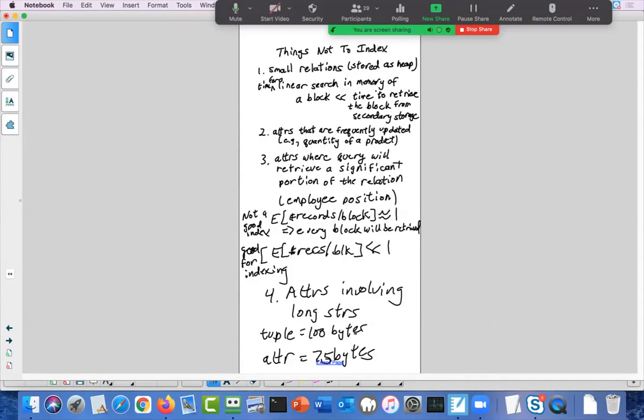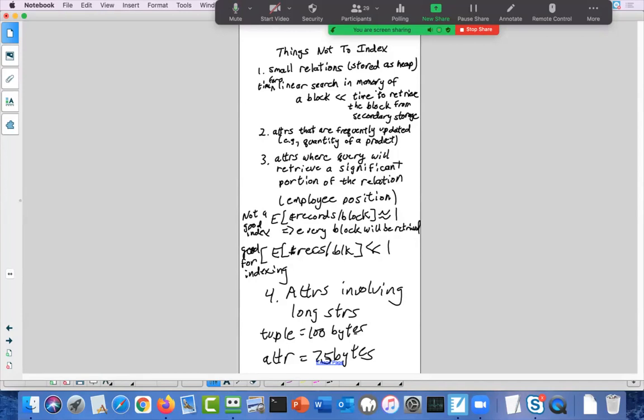If it's a description of something, like a course description in a course catalog, it probably should not be indexed, because it's unlikely we're ever going to do a query on a course description. Same thing with a video catalog. We have a description of the video, a synopsis of the plot. It's unlikely we're ever going to do a search on that synopsis, but it's very likely that that synopsis takes up a big chunk of memory. So that's an attribute we wouldn't index.